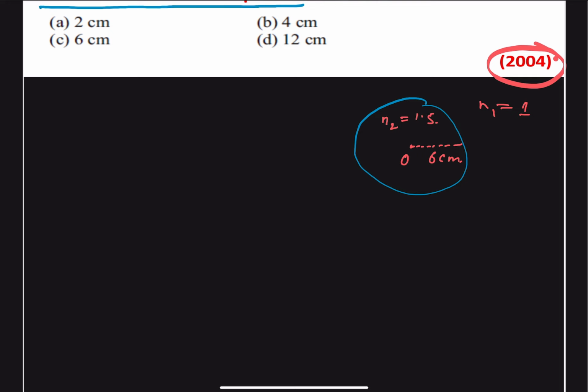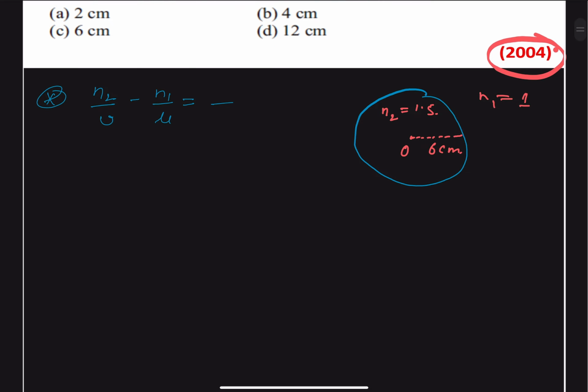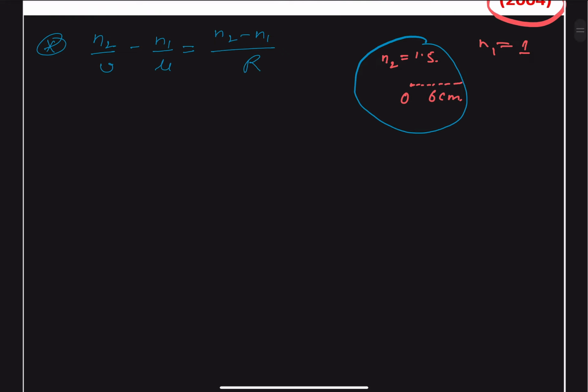And we can just use the formula which states that N2 upon V minus N1 upon U is equal to N2 minus N1 upon R. And the radius of curvature is given to us. So we substitute the values here.